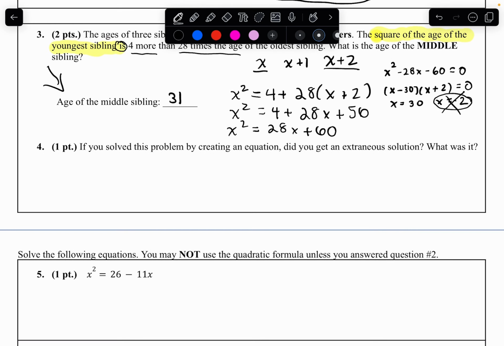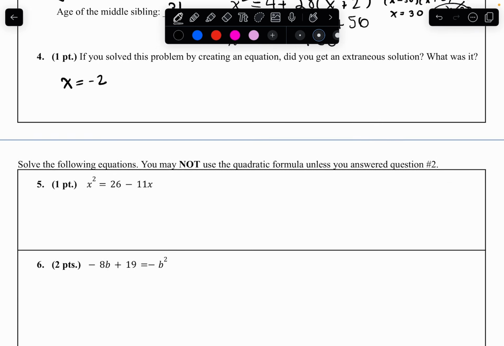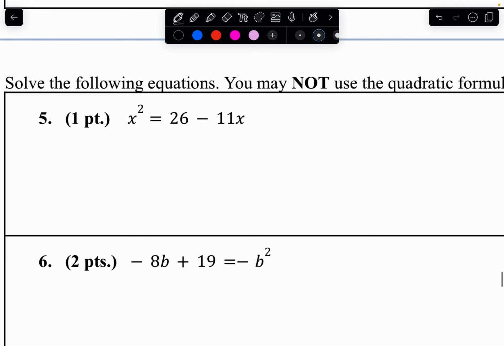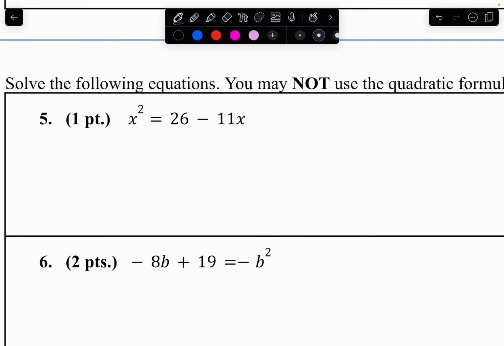If you solved this problem by creating an equation, did you get an extraneous solution? What was it? Well, if you did it right, you got that x is equal to negative 2.